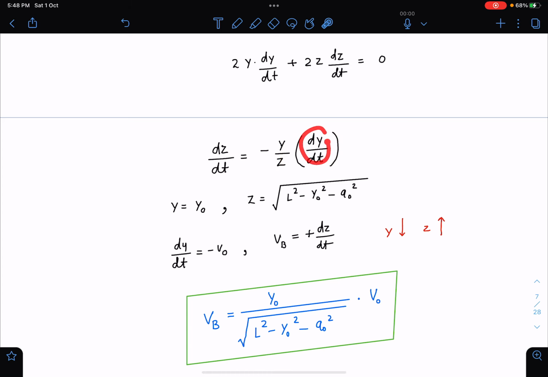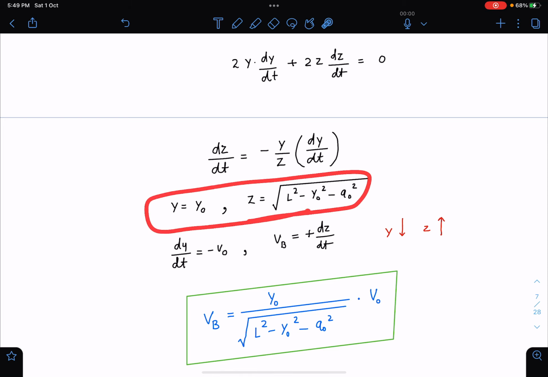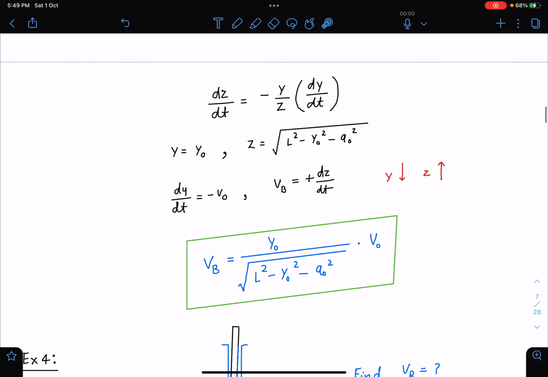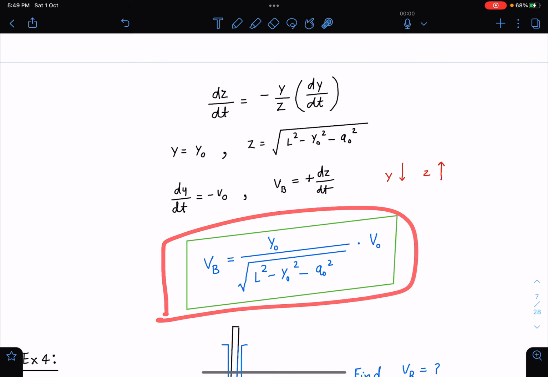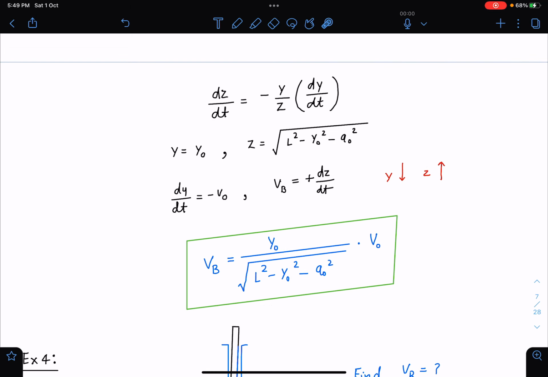So minus dy by dt is V naught, dz by dt is VB, and y value we can calculate, y is y naught at the given instant. So z can be calculated using x square plus y square plus z square is equal to L square. Using that, z is known too. So now you know VB in terms of V naught, Y naught, and L.